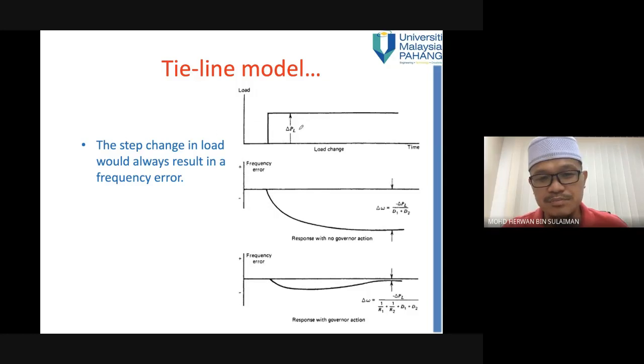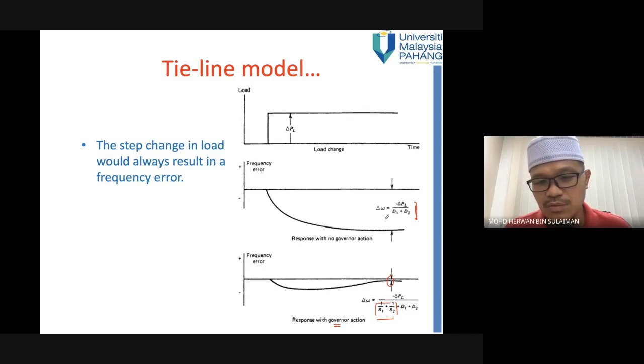This is the example when you have the delta PL, the load change. The frequency error when you plot it is the response with no governor action. So we just apply these things. When we apply governor action, meaning that you have your feedback here, you get less frequency error.